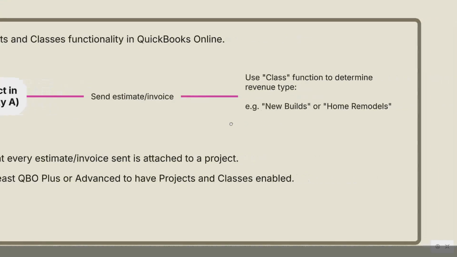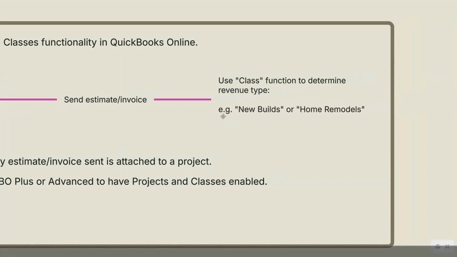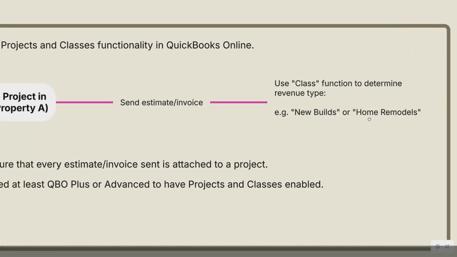Let's imagine that we have an invoice for $5,000 of our labor related to a new build and $2,000 of labor related to a home remodel. Well, we can take that $5,000 and classify it as a new build and take the $2,000 and classify it as a home remodel.